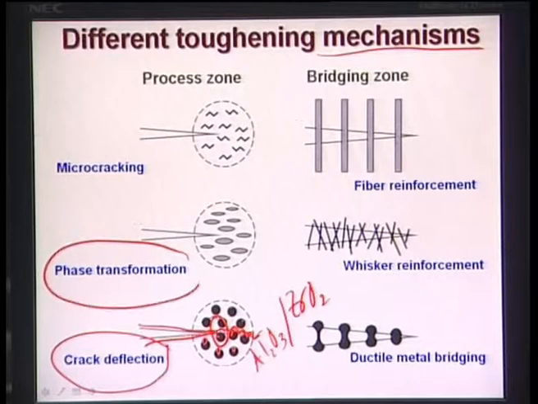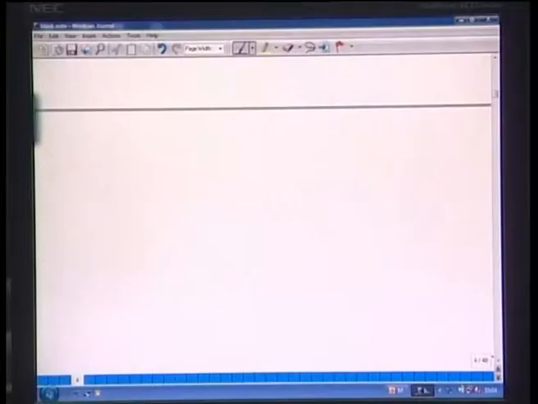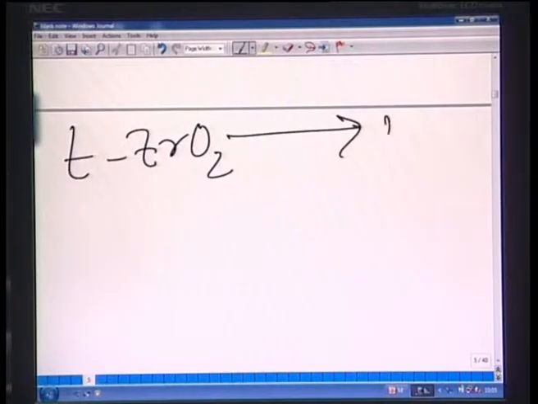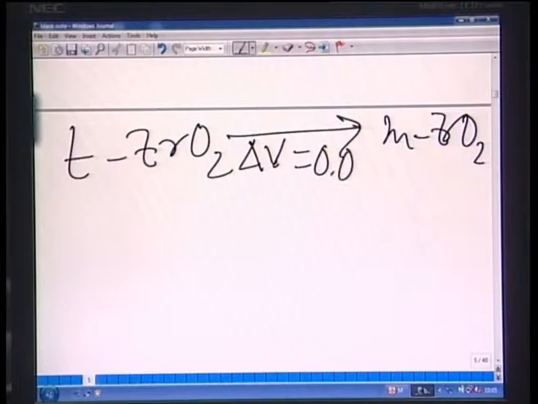Then the second thing is phase transformation. Now this is a unique property. How can this phase transformation be used? Like in the case of zirconia, there is a transformation known as tetragonal zirconia to monoclinic zirconia transformation.